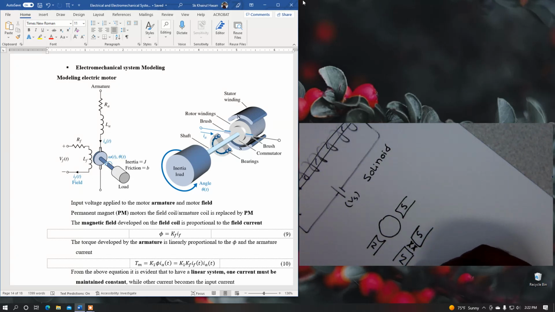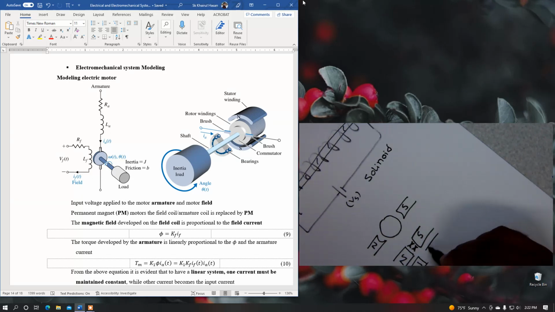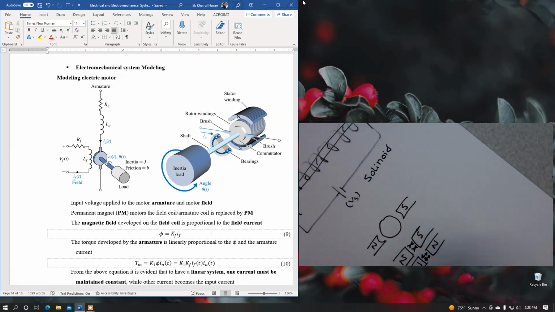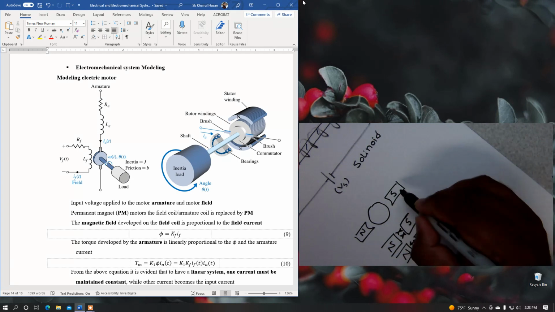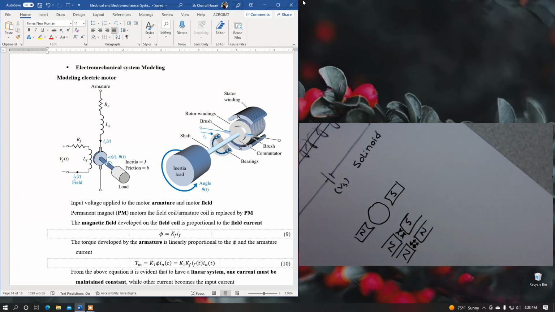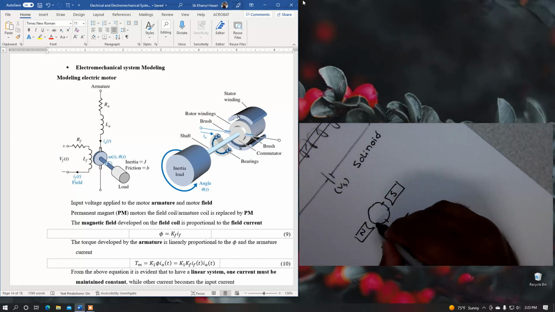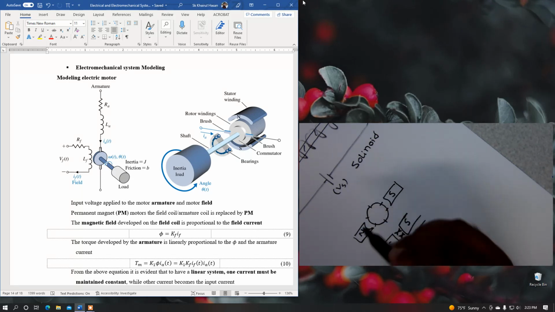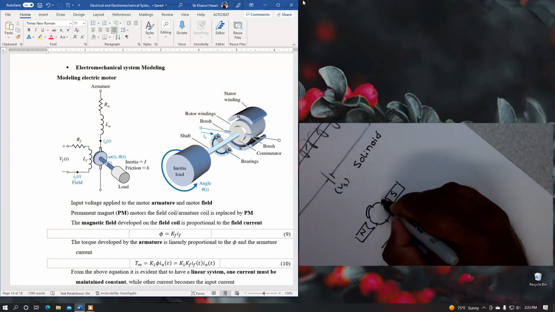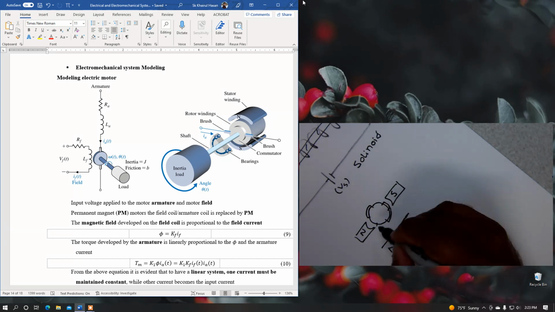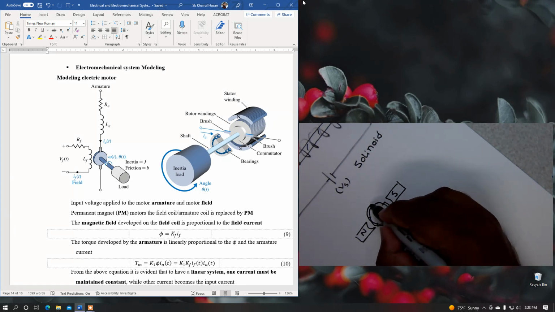But if we place the same pole, like a north pole here and another north pole here, they repel, right? So there is a repulsive force acting between two magnets. The electric motor is based on this principle. We either generate an electromagnet on the rotor, or we replace the electromagnet with a permanent magnet.